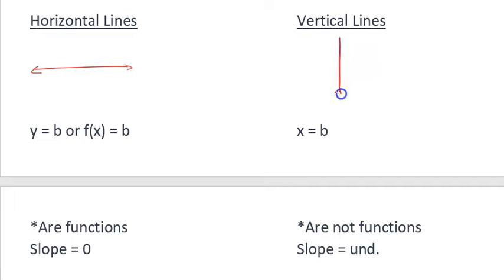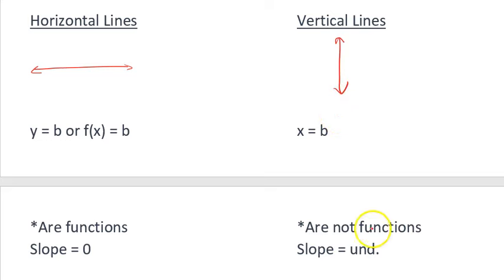Vertical lines are your straight up and down lines. The equation for that looks like x = a number. So if you get x = 5, that's a vertical line at 5. These are not functions because they fail the vertical line test horribly, because every single point is hit by the same vertical line if you were to lay a vertical line on top of it.